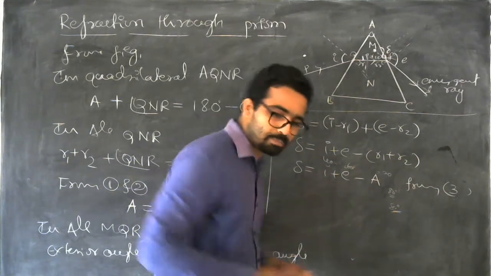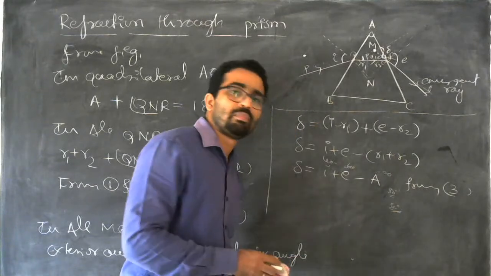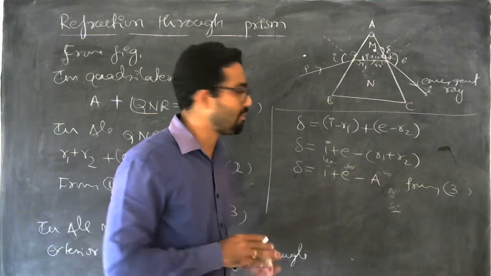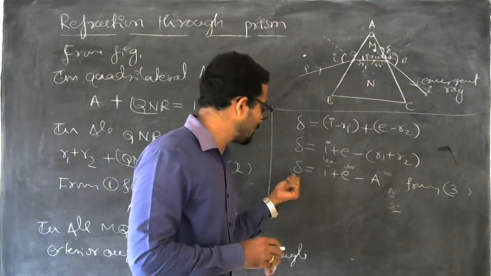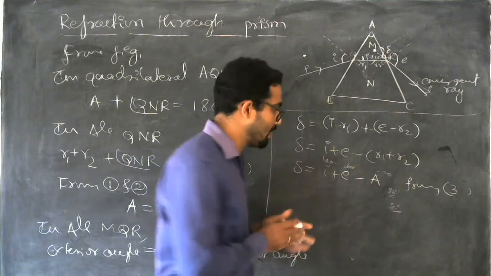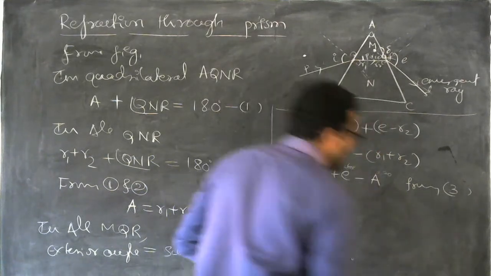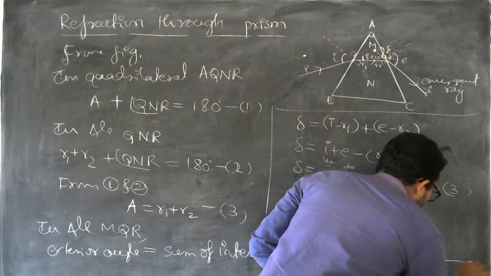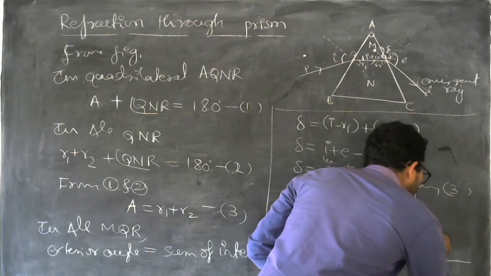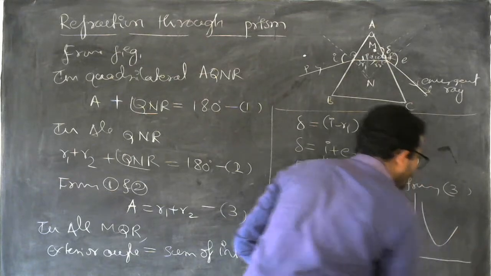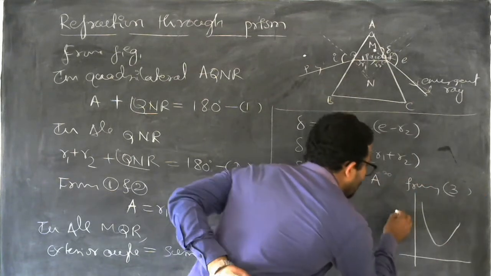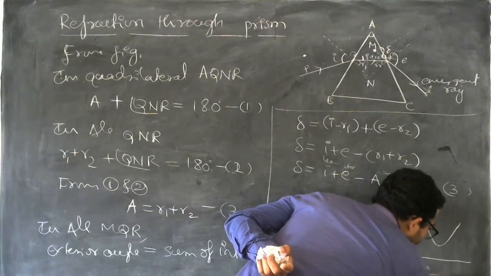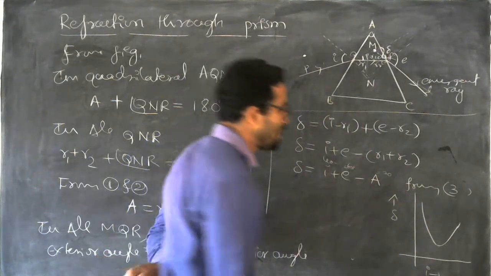So this can be drawn in a graph. We can draw a graph showing the variation of angle of incidence, emergence as well as the angle of deviation. So let me write here. This is delta. This is I. Angle of incidence values.